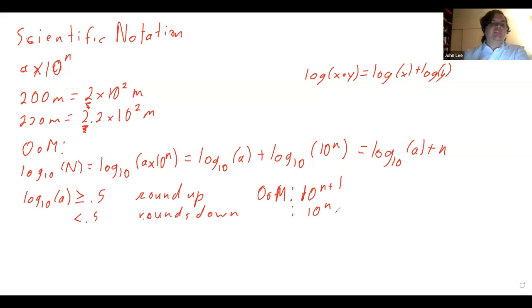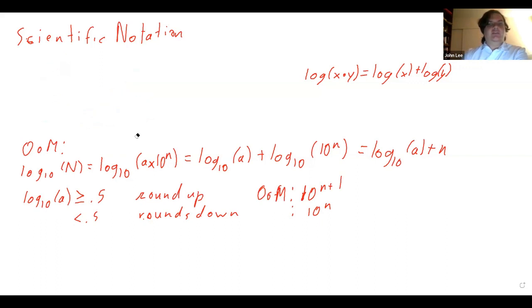So basically, this just gives us an easy way to tell whether it's going to round up or down, based on whether log base 10 of a, the number out front, is greater than 0.5 or less than 0.5.